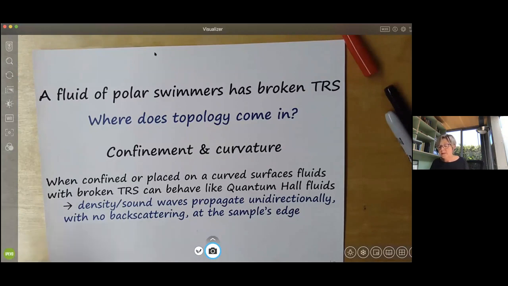And this is something very closely related to the behavior of electrons in quantum Hall systems, and to what gives rise to the quantum Hall effect.